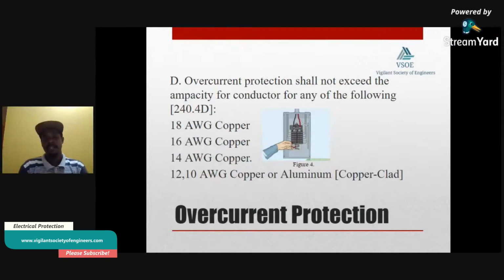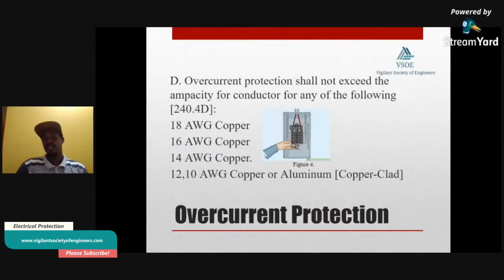Now, for this rule, we require small conductors to be protected at their ampacity. So there should not be any protection device at a value greater than the size of the conductor, right?